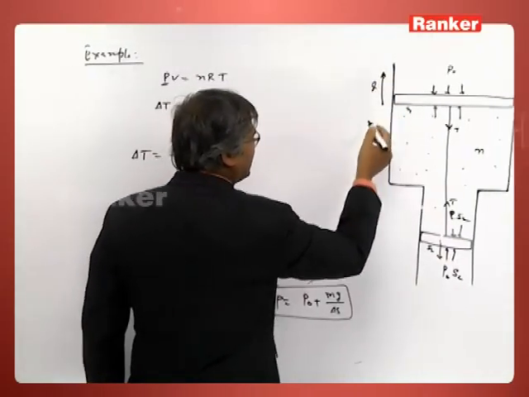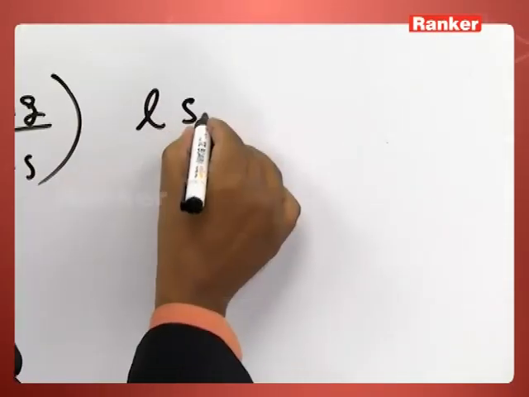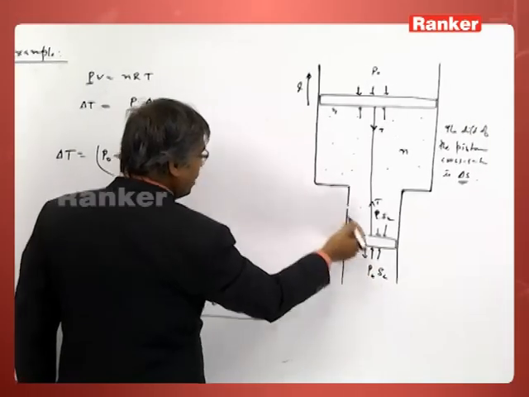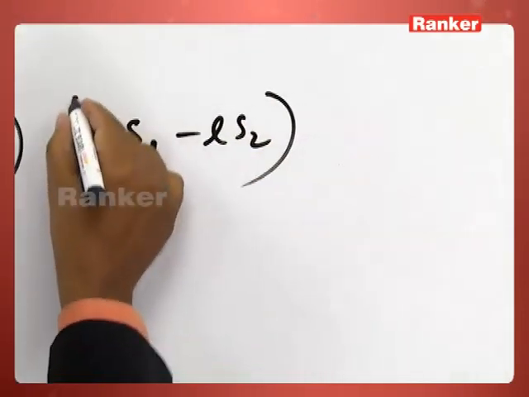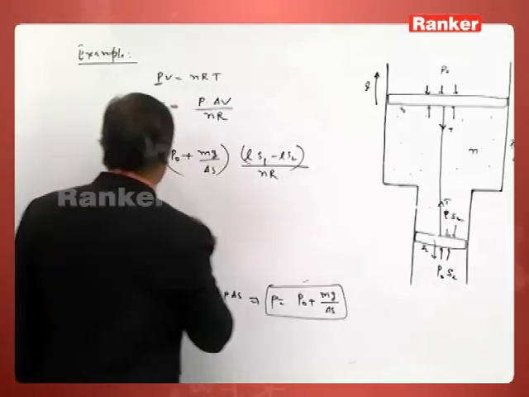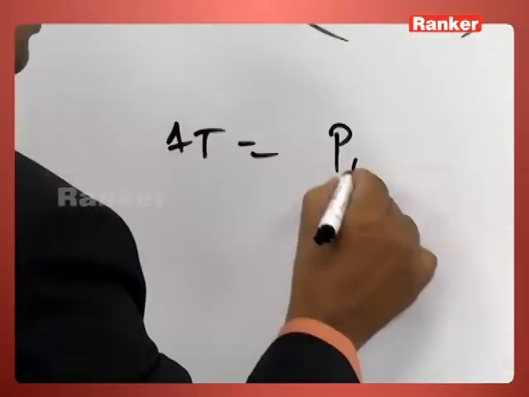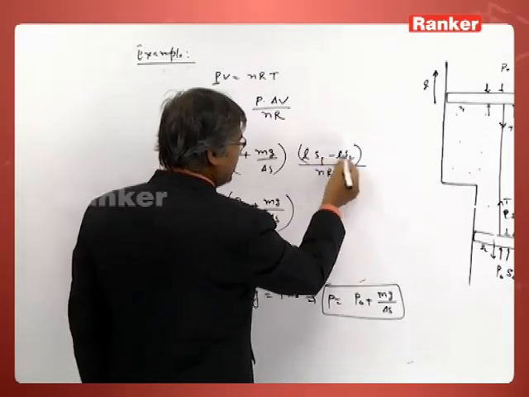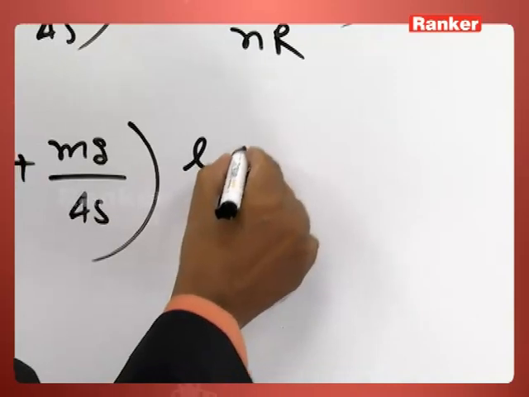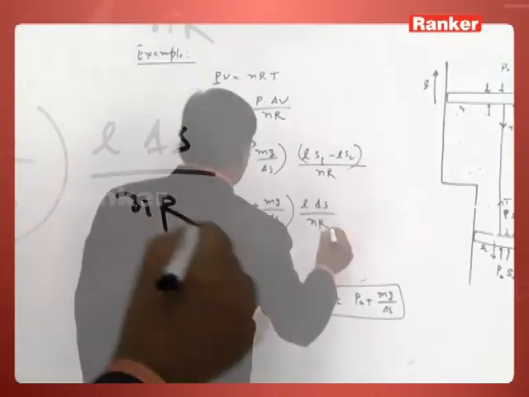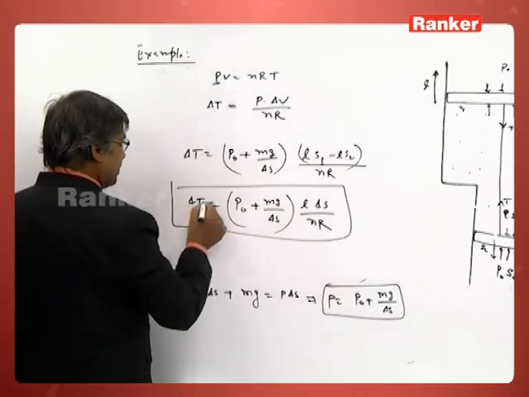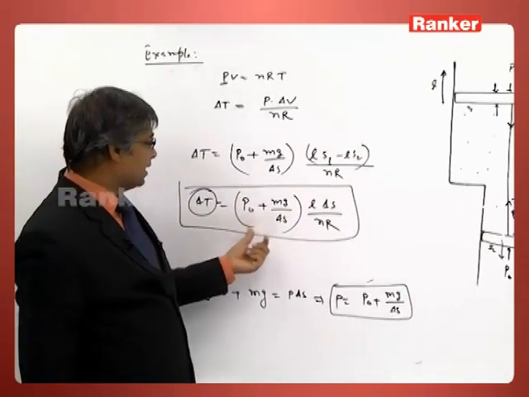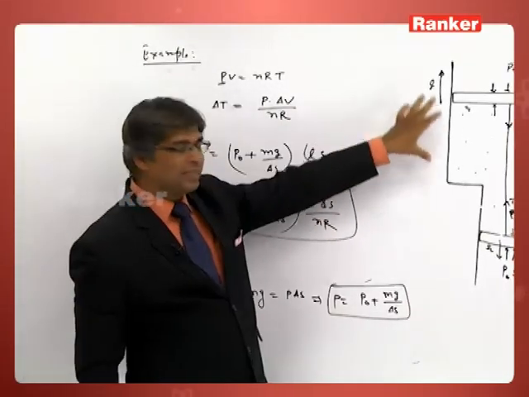If I move L distance, the increment in volume is L times S1 and the decrement in volume is L times S2. So delta T becomes P naught plus mg by delta S into L delta S by nR. This is the increment in the temperature of the gas inside that should be done in order to move these pistons L distance.